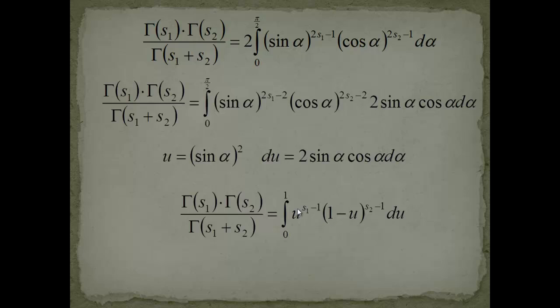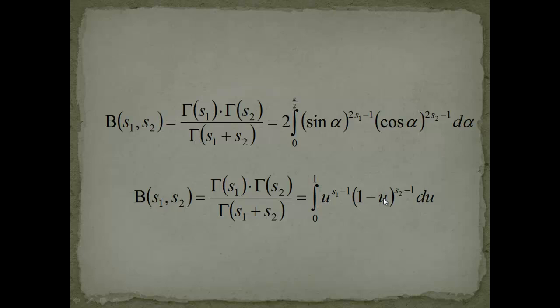And now remember how I defined the beta function. The beta function was just this body. And this is equal to this strange gamma function relationship, that the gamma function of s1 multiplied with gamma function of s2 over gamma s1 plus s2 is equal to this strange looking thing. Now let's comprehend.